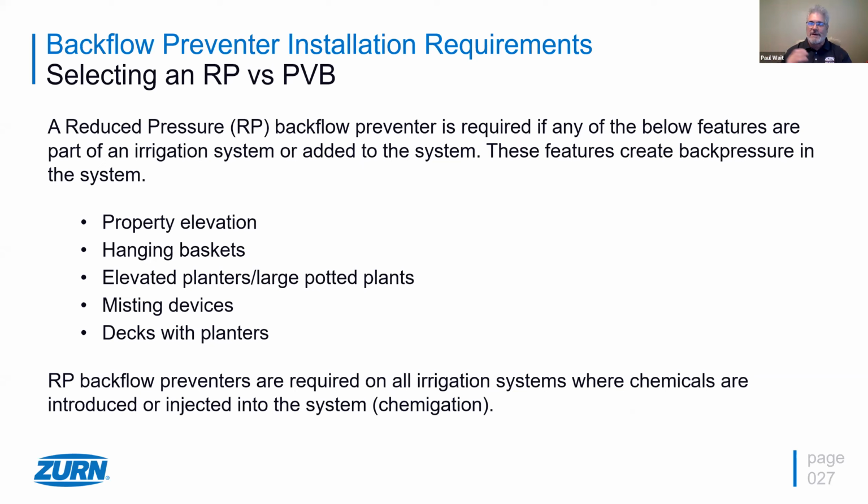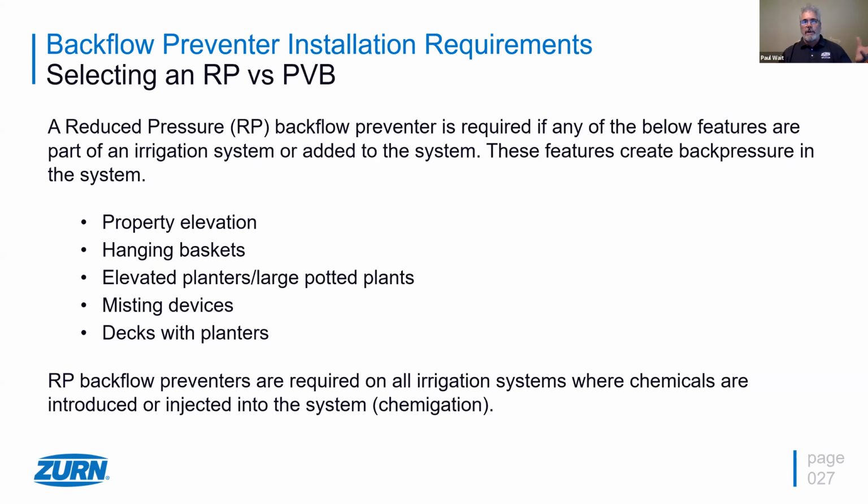It's 12 inches above the minimum. And that's the problem, because it's not code. You're too high elevation on that. You got to bring that down. And since you cannot bring that PVB down because of the back pressure situation, you got to install an RP. So property elevation, select an RP when the PVB gets too high off the ground.